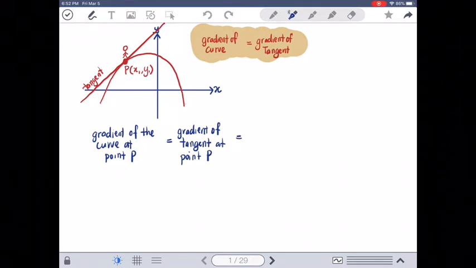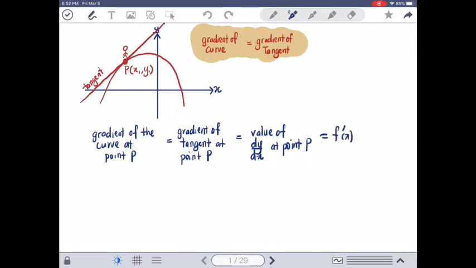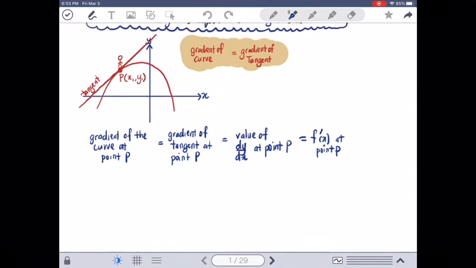which is just equals to the value of the first derivative, which is dy over dx, at point P, which is just equals to f prime x at point P. So this relationship is very important.